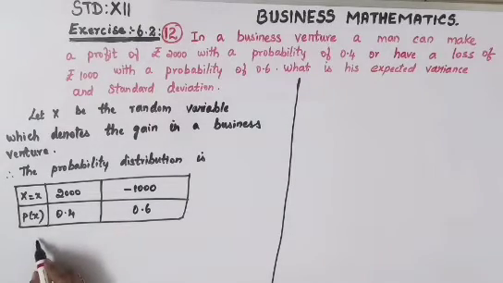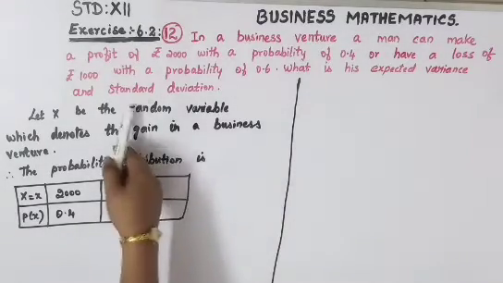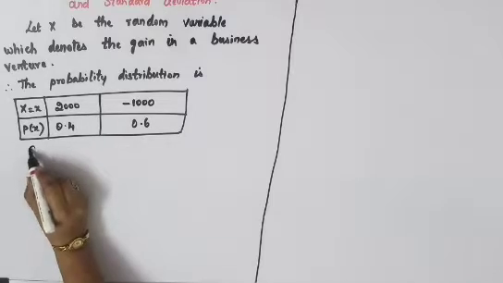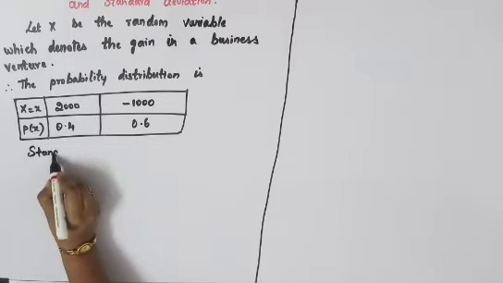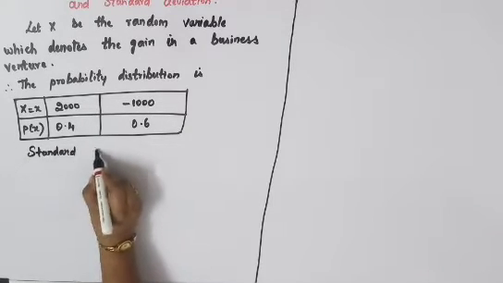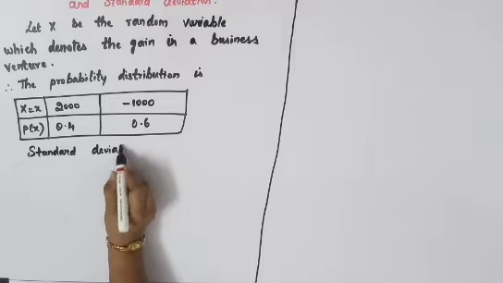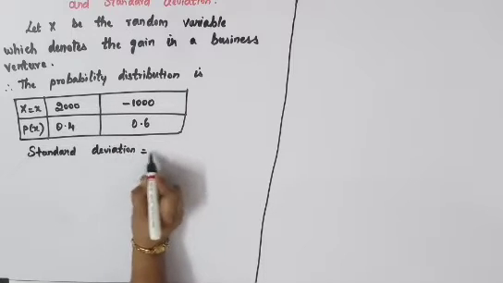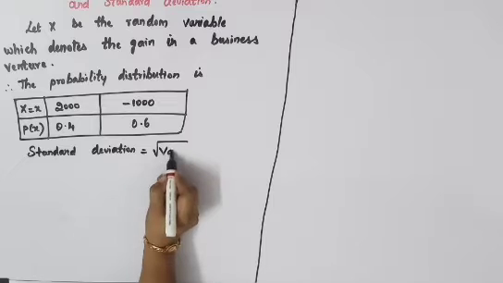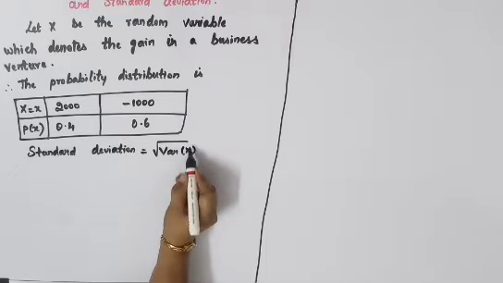Now you have to find the variance and standard deviation. Standard deviation is equal to root of variance of x.